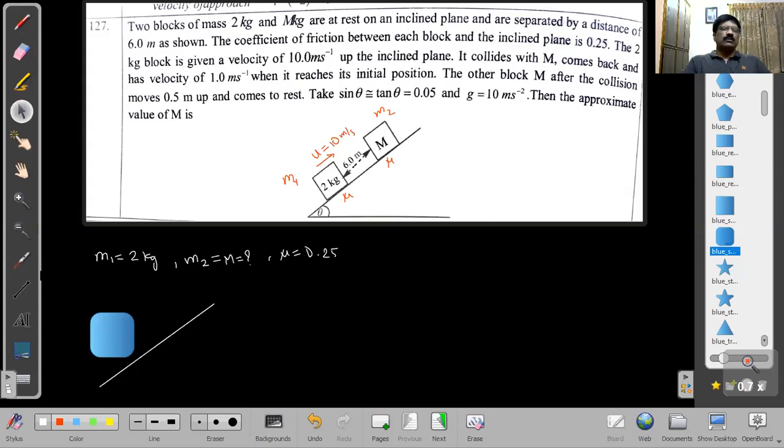I am discussing only the first block, the first block of mass M1 equal to 2 kg. I am talking about that mass only.